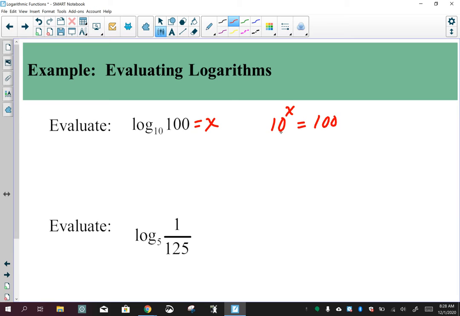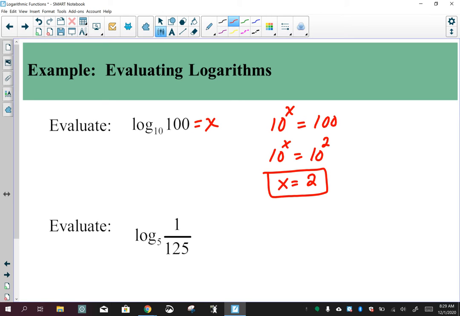Basically it's asking, what does my exponent need to be to equal 100? So can I rewrite this 100 into a base of 10? The answer is yes. So I have 10 to the x is equal to 10 squared. Because both of my bases are exactly the same, I can drop my bases and set my exponents equal to each other. And then there you go.